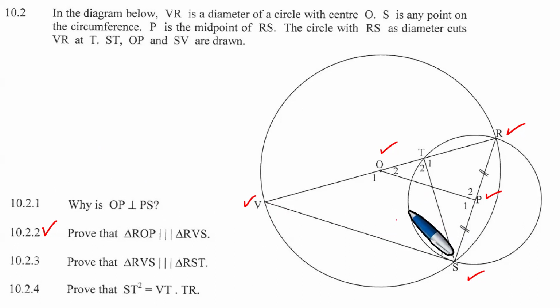First things first, to prove that ROP is similar to triangle RVS, you first note that OP is parallel to VS. Why?